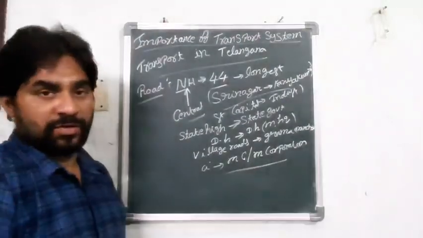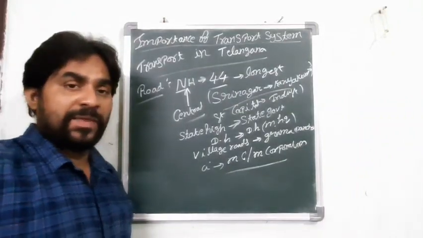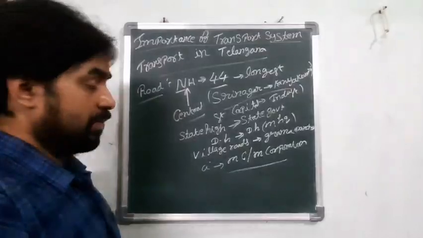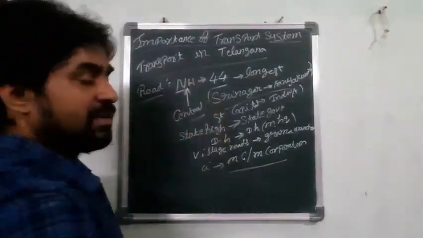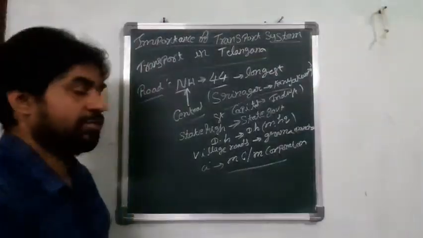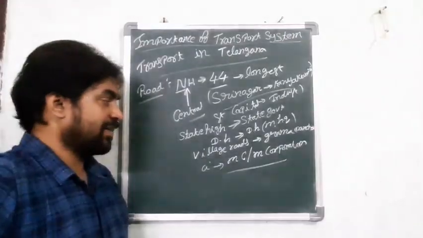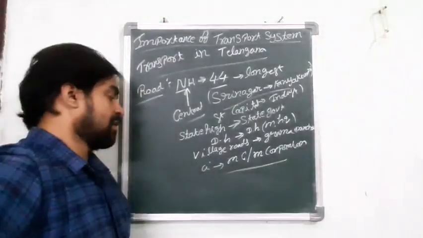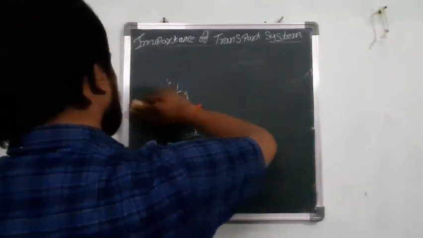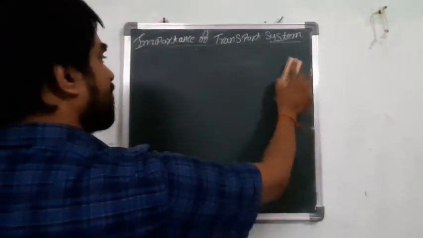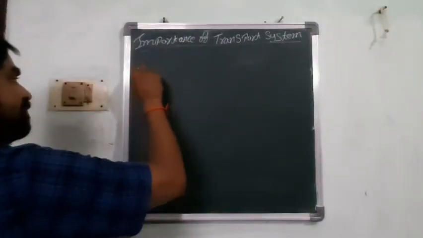Telangana has one of the best road networks. So NH7, now NH44, comes under the control of the central government; state highways and village roads, and the municipal council and municipal corporation maintain the roads in urban areas. Now see the railways.